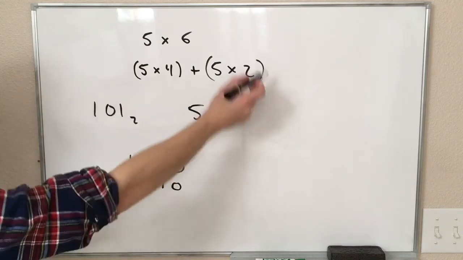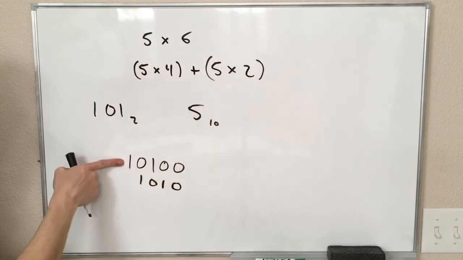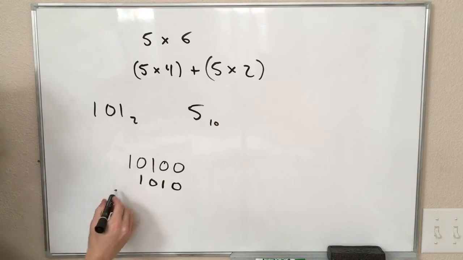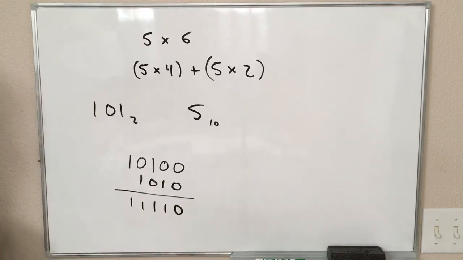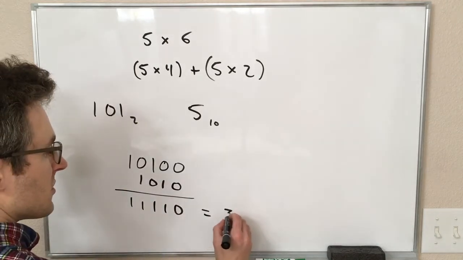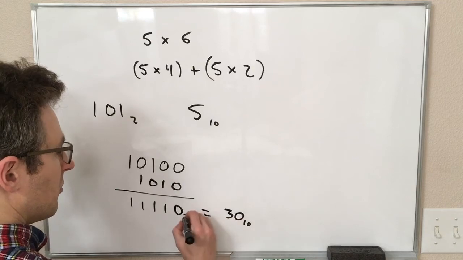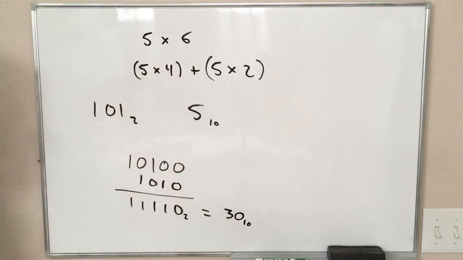So this operation ends up looking like this plus this, which we can do in our head. It's just 1, 1, 1, 1, 0. So 1, 2, 4, 8, 16. So this is 16 plus 8 plus 4 plus 2, which equals 30 in base 10. And indeed, that's what we expect for 5 times 6. So that is how we can do integer multiplication.